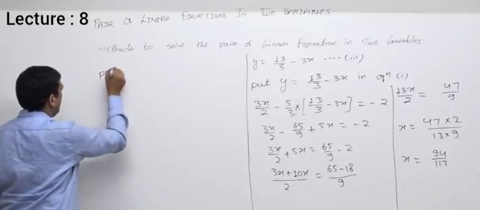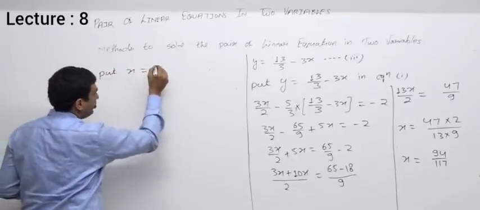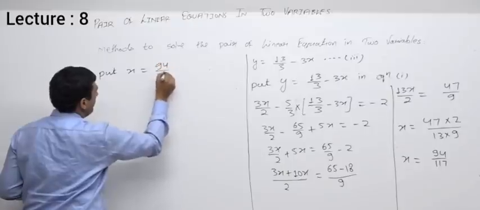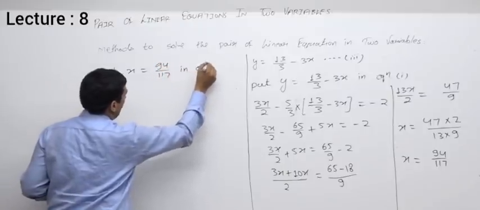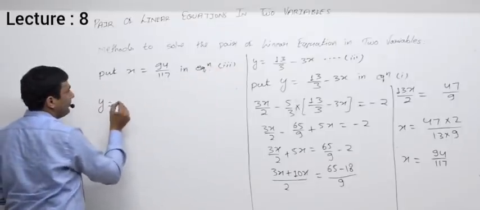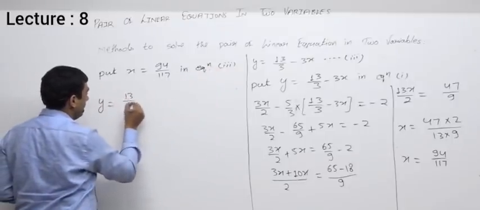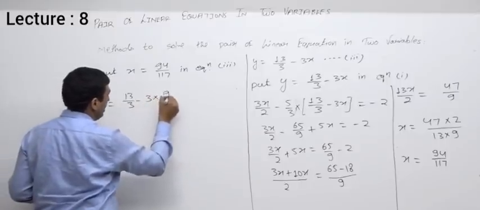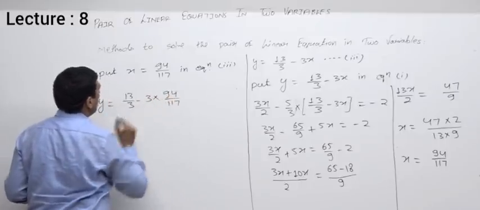Okay, now put x is equal to 94 upon 117 in equation number 3. That gives you y equals 13 upon 3 minus 3 into 94 upon 117.